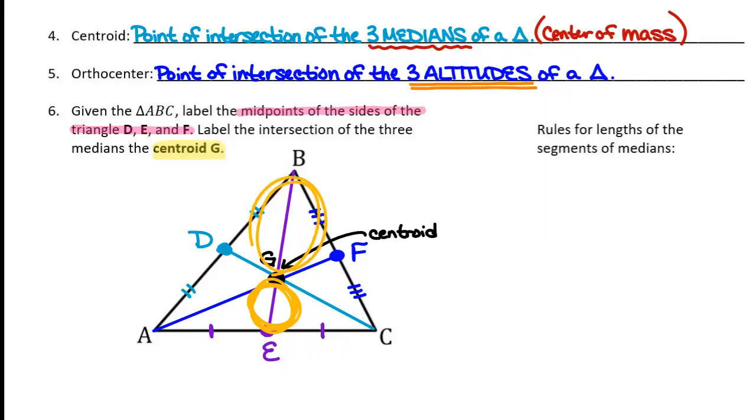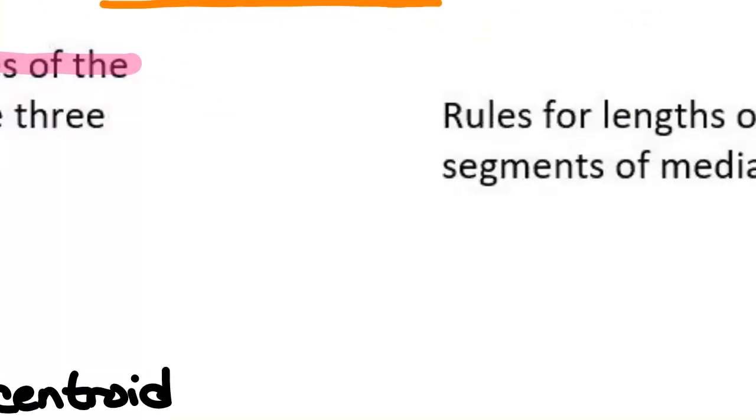This part and this part. Or I could look at a different median, this part and this part. Are those two pieces congruent? No. But there still are some special properties with my centroid.